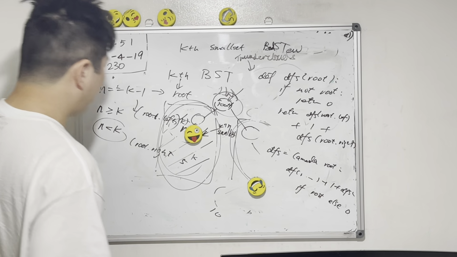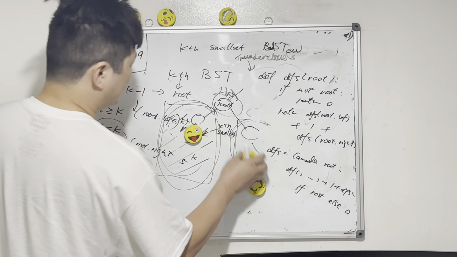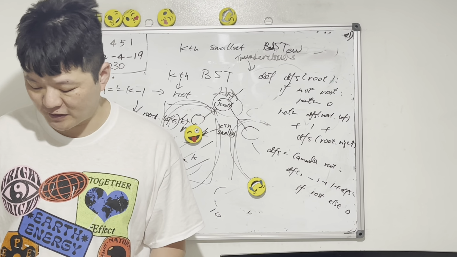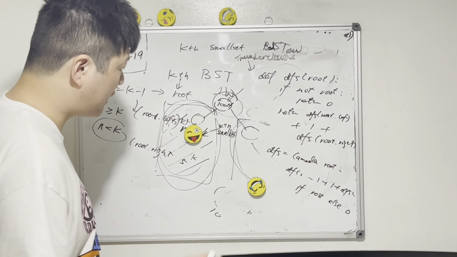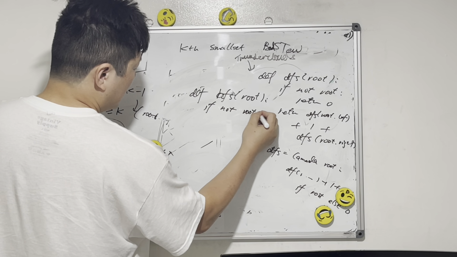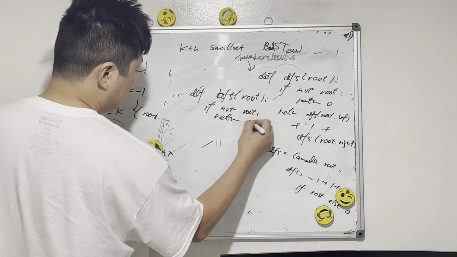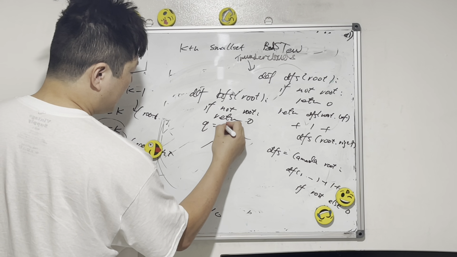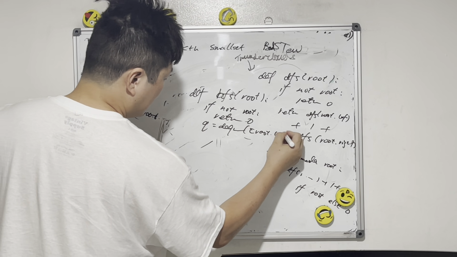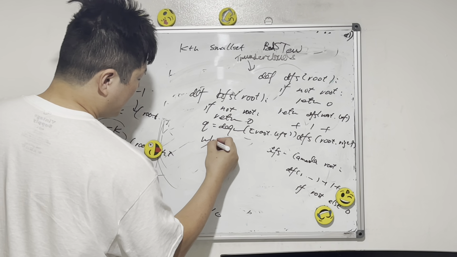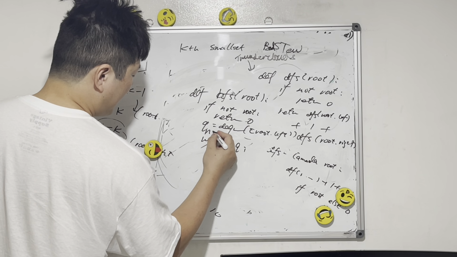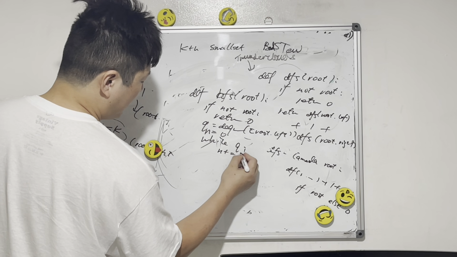And how about the breadth search? Breadth search is also very easy to implement. What kind of data structure do we need to use in order to do the breadth search? Deque, yeah. If not root, return 0. Otherwise, we have a deque with root. And then while Q, I have to put in n equals 0. n plus 1, we have one more node.